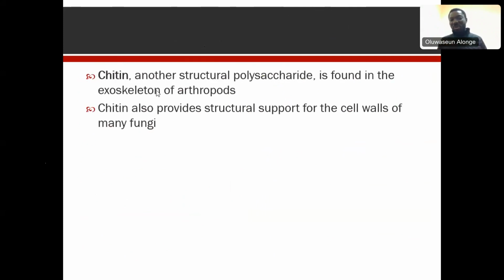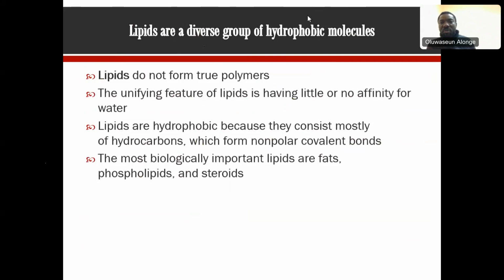Now, this is what you see in the skeletal system of arthropods. Arthropods have this chitin as their skeletal structure, because they have their skeletal system outside, right? It also provides structural support for the cell wall of many fungi. So I'll talk about lipids in the next video. Thank you.